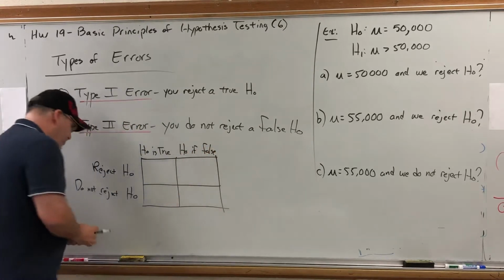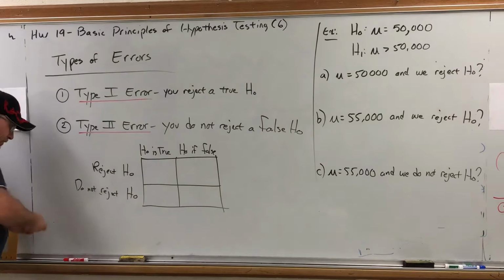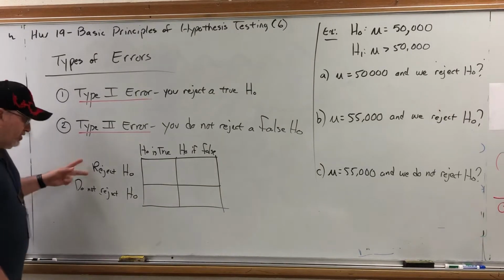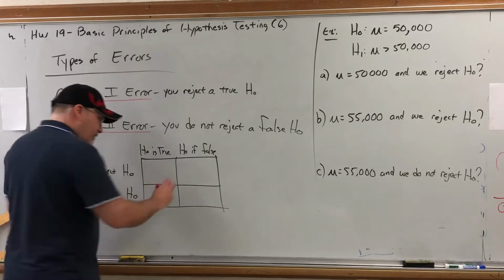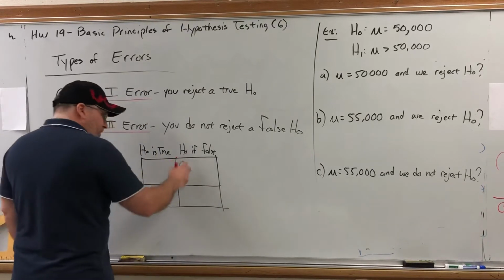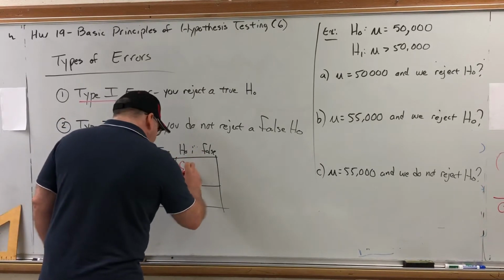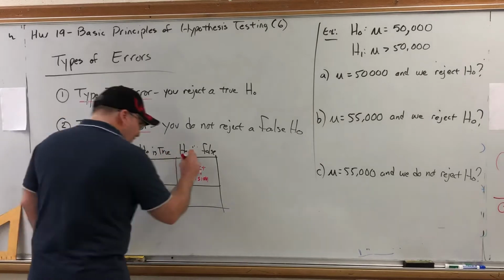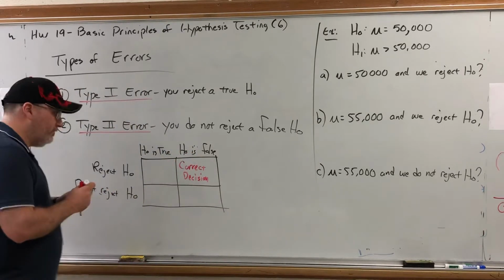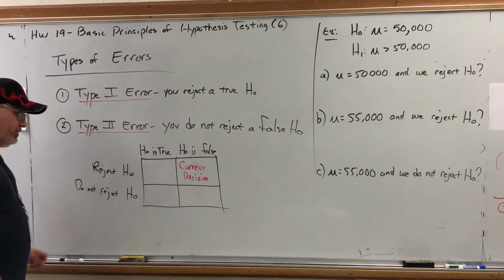First, let's find the decisions that are correct. If you were to reject the null hypothesis correctly, it's because it was false. So rejecting the null when the null is false is a correct decision. You are supposed to reject it if it's false, or rather your evidence should have suggested you should reject it.